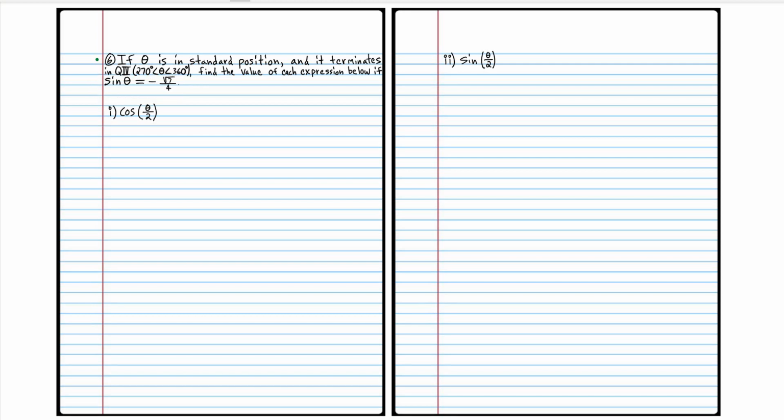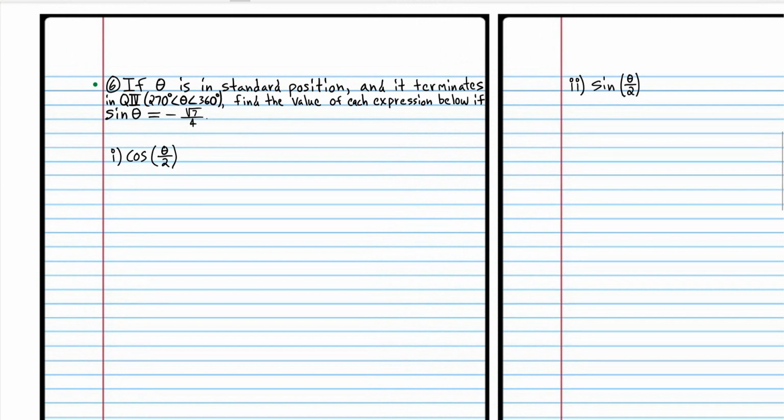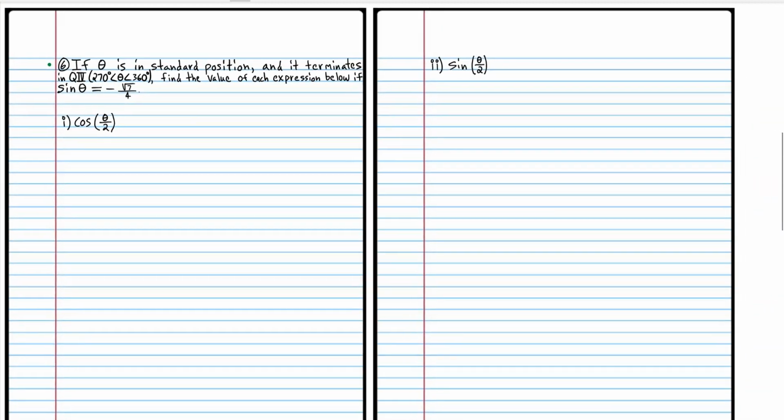So you're going to have to find cosine theta, and then you're going to have to determine if cosine theta over 2 is plus or minus root of 1 plus cosine theta over 2. So try number 6. If you get stuck, that's okay, but do your best, and when you come back, we'll try this problem together.